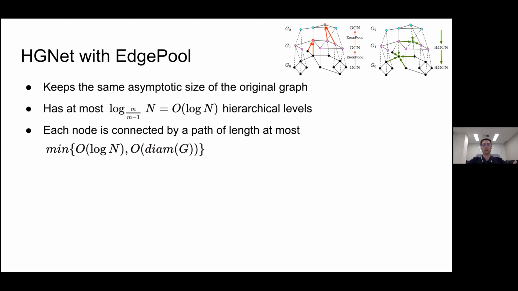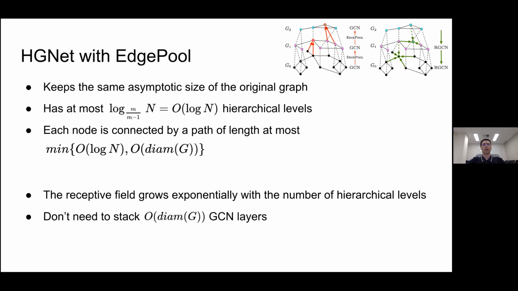And this might be considerably less for sparse graphs, such as we saw the proteins that have this kind of chain-like structures. Another consequence of this construction is that the receptive field of this model grows exponentially with the number of hierarchical levels and not linearly with the number of stacked layers, as we saw standard GNNs do.